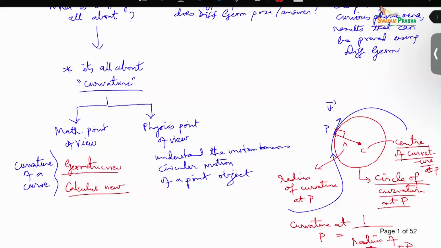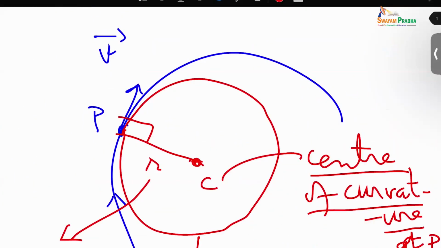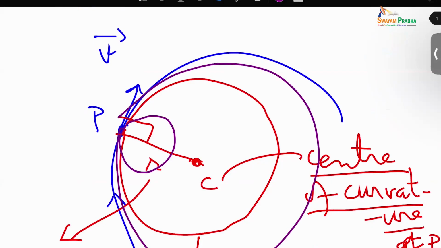So if you give me a point like this, I can draw several circles with the same point and the same tangent as this v vector at that point. I can draw a smaller circle like this, or a much larger circle. All these circles pass through P. They have at P the tangent given by this tangent vector. I can draw many of them.